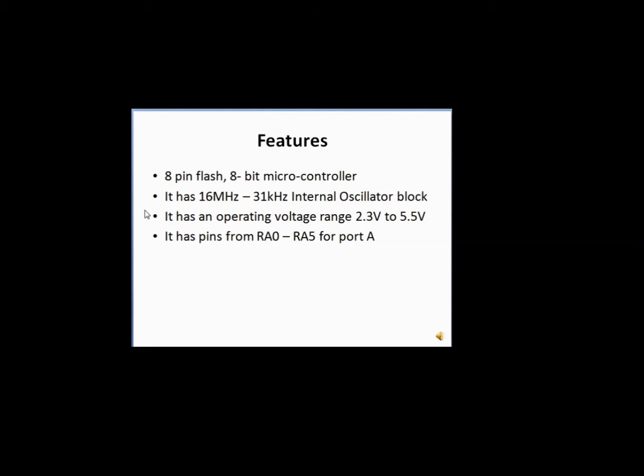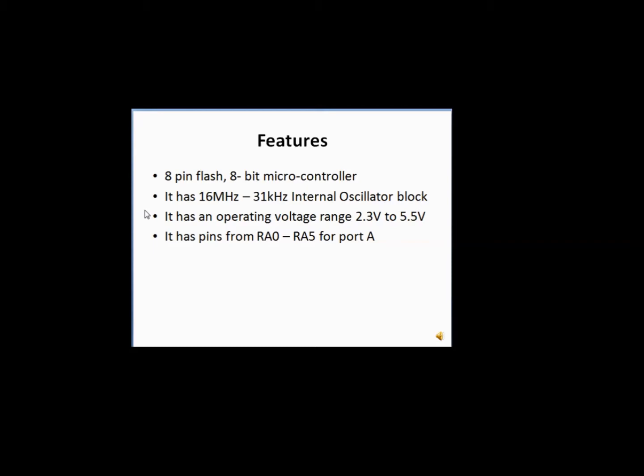The main features of this microcontroller are that it is an 8-pin flash microcontroller, it is an 8-bit microcontroller, and it has an internal oscillator whose frequency ranges from 16 megahertz to 31 kilohertz. It has an operating voltage ranging from 2.3 volt to 5.5 volt, and at the max you can keep it at a fixed value of 5 volt.